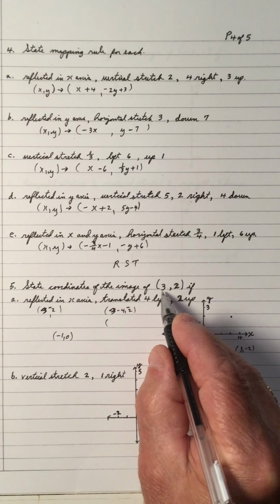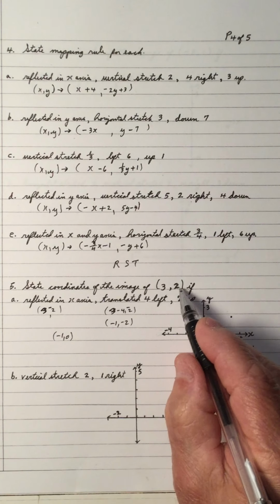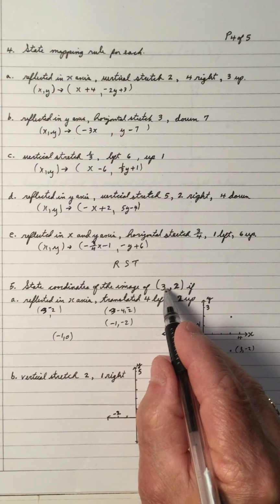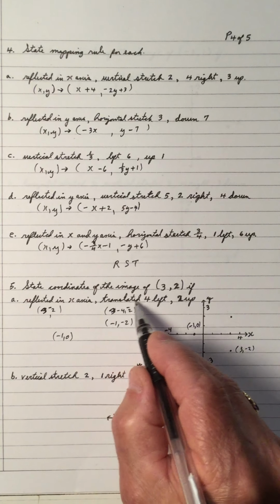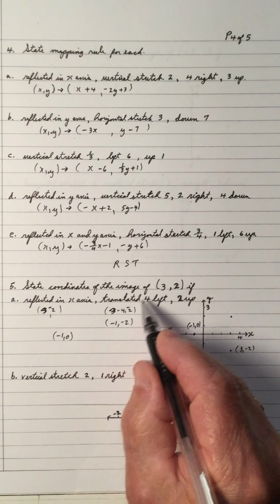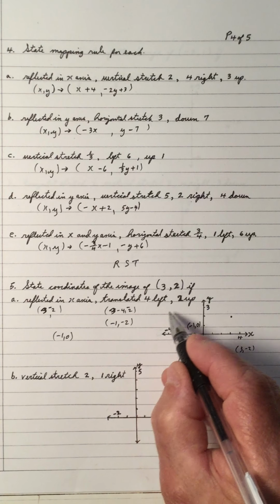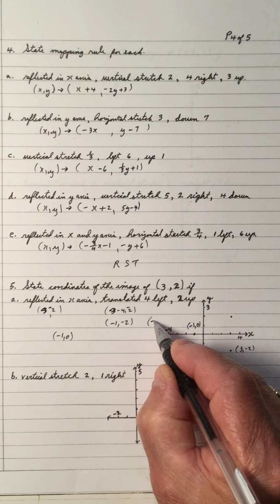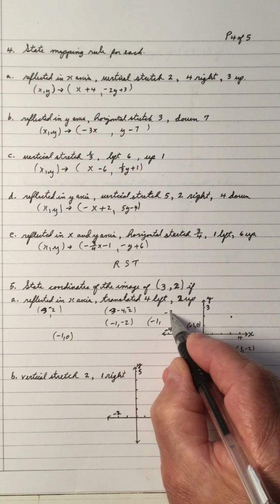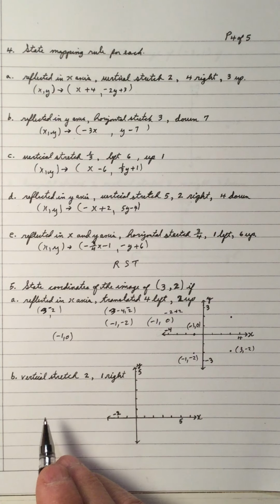So this is 4 left is negative 1, negative 2. Again, when I reflect, reflecting the x, I change the y to a negative. When I move it 4 left, I take 4 off the x value to make it negative 1. And then when I move it 2 up, negative 2 plus 2 is 0. So I get this point.